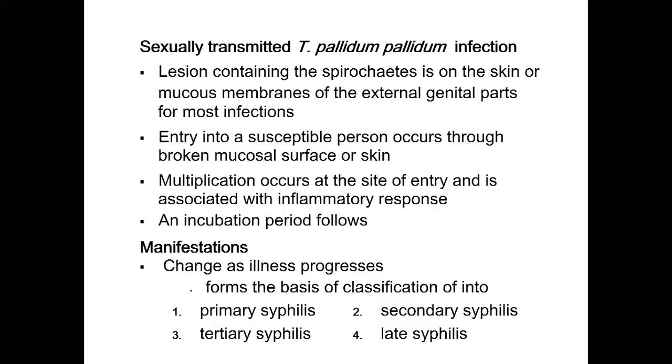For some people, tertiary syphilis and late syphilis are just referred to as later stages of syphilis. But as I said earlier, practically, these stages might not be so obvious. Some of them, like from secondary onwards, might overlap. Some of them might not show clearly, but for discussion purposes, we need to understand what happens.